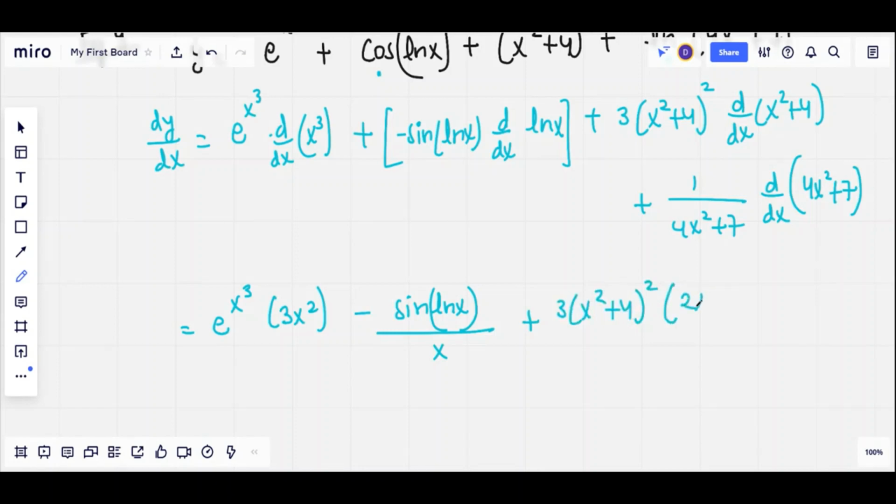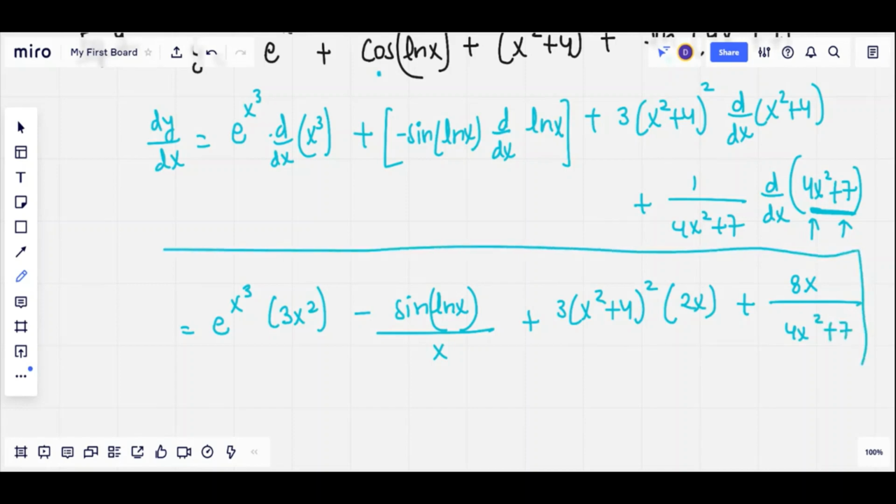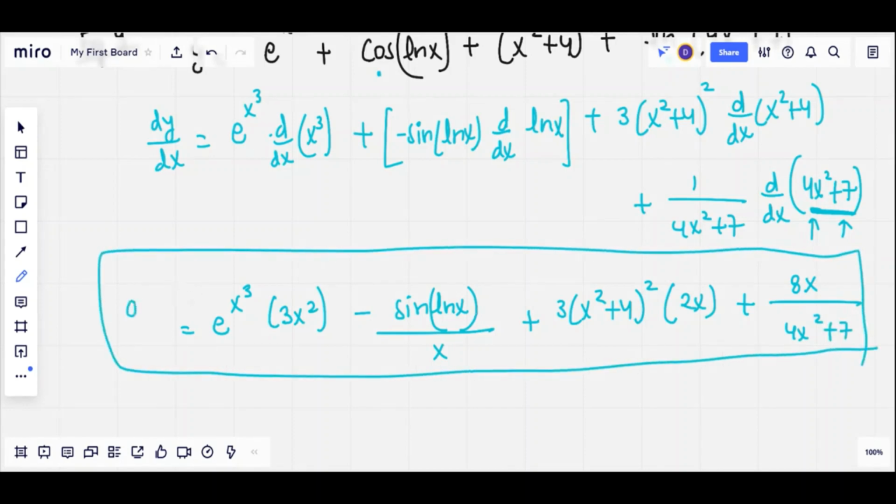Differentiation of x square plus 4 is 2x, plus 4x square plus 7 differentiates to 0 in the numerator. 4x square will be 4 times 2x, which is 8x over 4x square plus 7. So this may be simplified further, but we are interested in the chain rule as of now. So this is how the chain rule is applied to this one.